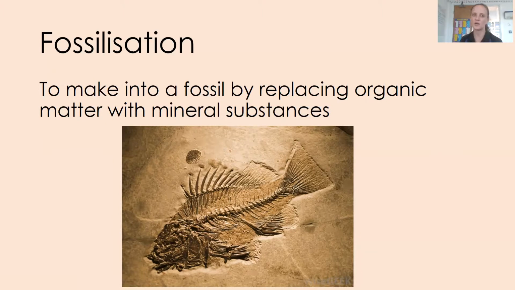We are going to learn a little bit more about how the fossilization process comes about, but for a fossil to be formed, we need fossilization. So the organic matter falls away and deteriorates, and then that is replaced by mineral substances, and that creates the fossil that we are left over with. So the whole process of that happening is called fossilization.